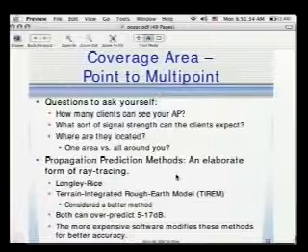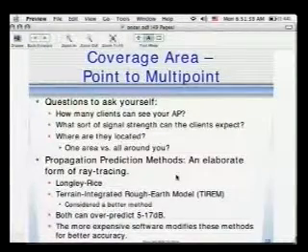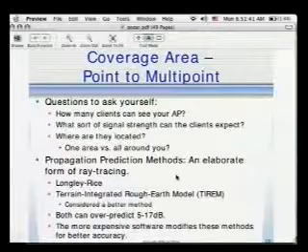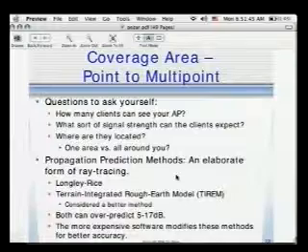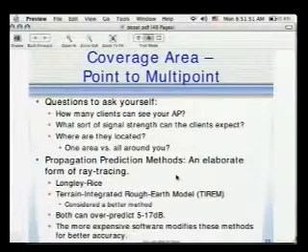So we're going to talk about point-to-multipoint a little bit. I'm going to show you the Radio Mobile mapping software, at least one of the outputs of it, and show you what it looks like. Again, you have to ask yourself, how many clients can see your access point? Where are they located? What sort of signal strength can the clients expect?